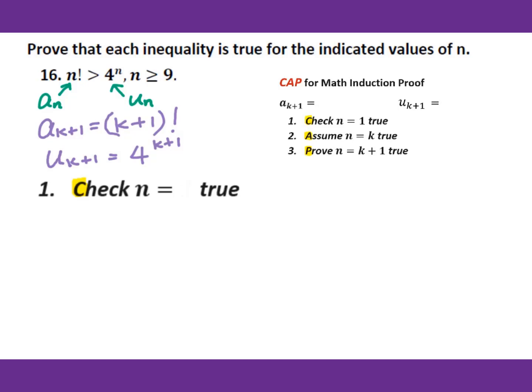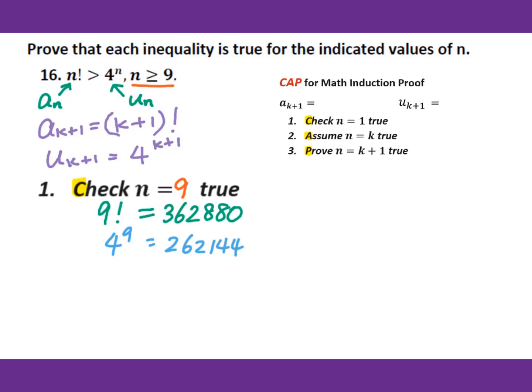Now we go to the steps. First of all, we check n equals 9 true. You have to look at the domain for this n. They said n greater than or equal to 9. So we check the lowest number, that's 9. We will get 9 factorial on the left side, then we work out 4 to the 9th power on the right side.